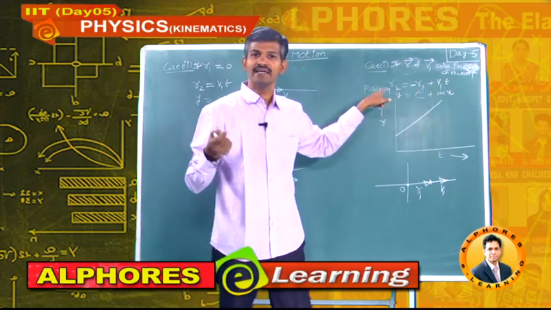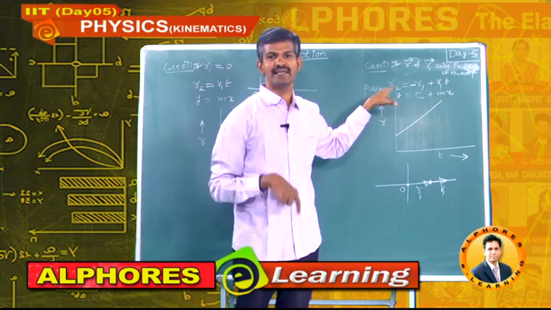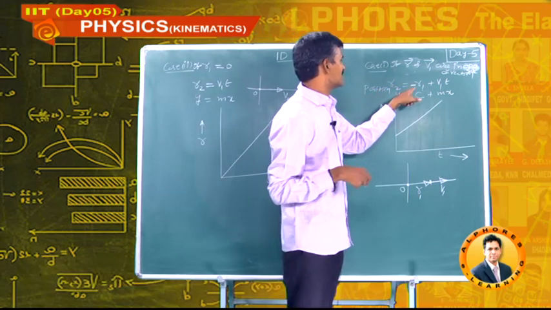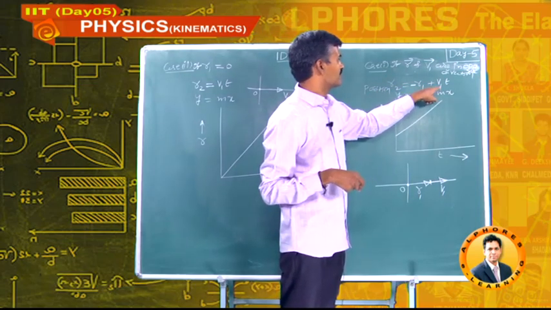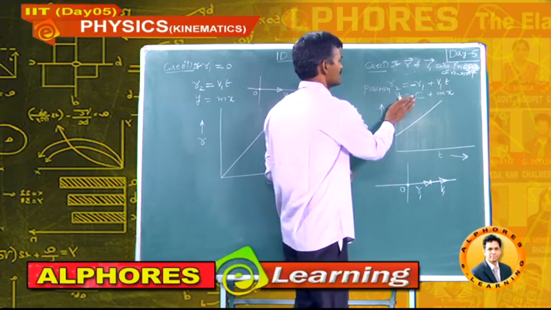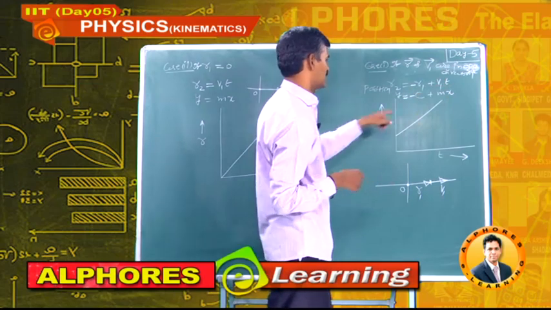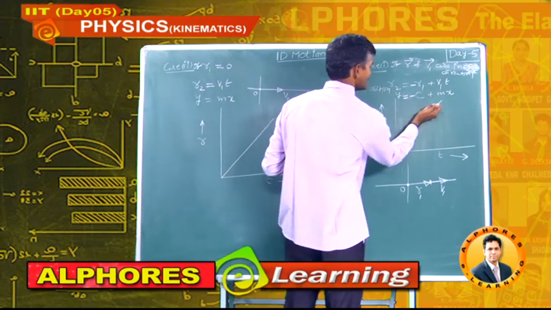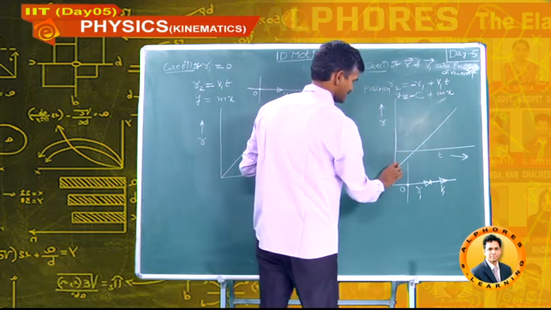Students, generally the body's velocity direction is taken as the positive direction. So, this is minus R1 bar plus V1 into T. In such cases, this is y equal to minus C plus mx. Then this graph changes its form like this.